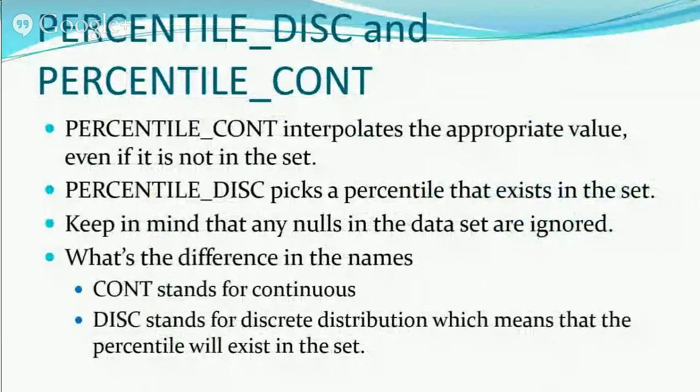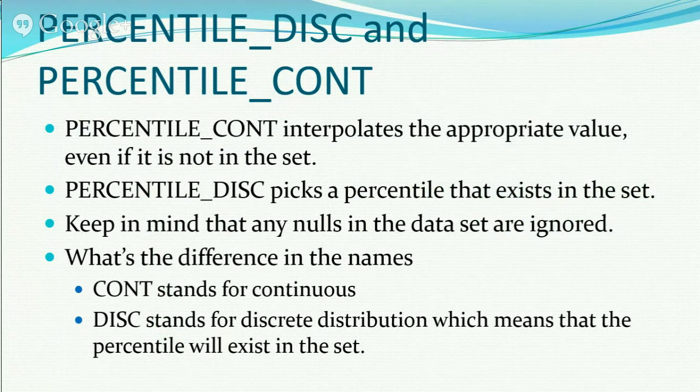Next, we've got percentile, and two flavors of percentile here, a discrete and a continuous. The continuous, when it's calculating the percentile, it interpolates the appropriate value, where the discrete picks a percentile that exists in the exact set.